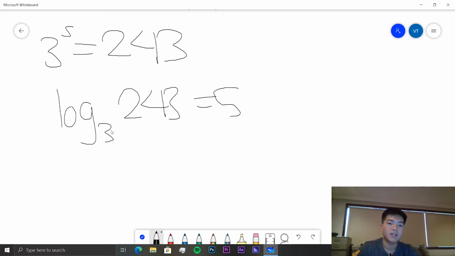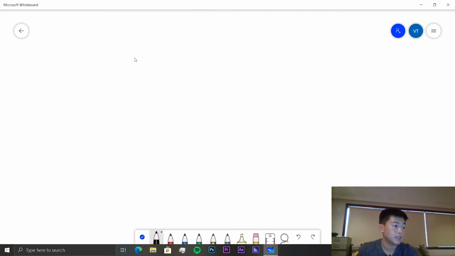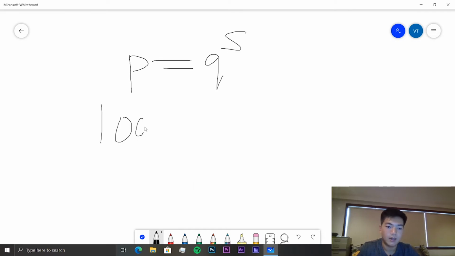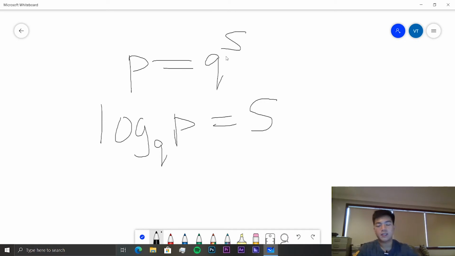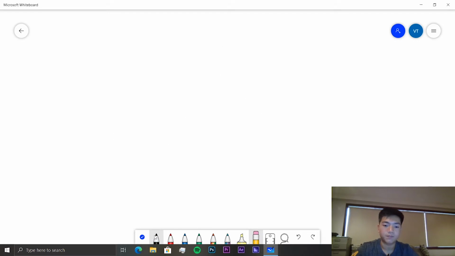It's like saying, in order to get 243 from 3, we have to raise it to the power of 5. Next, we need to express p is equal to q to the 5. This would be log base q of p is equal to 5, since in order to get from q to p, we need to raise q by 5.